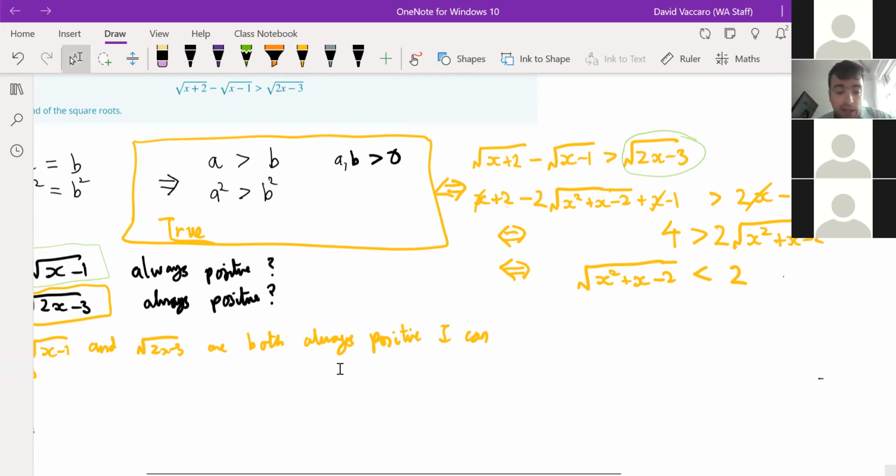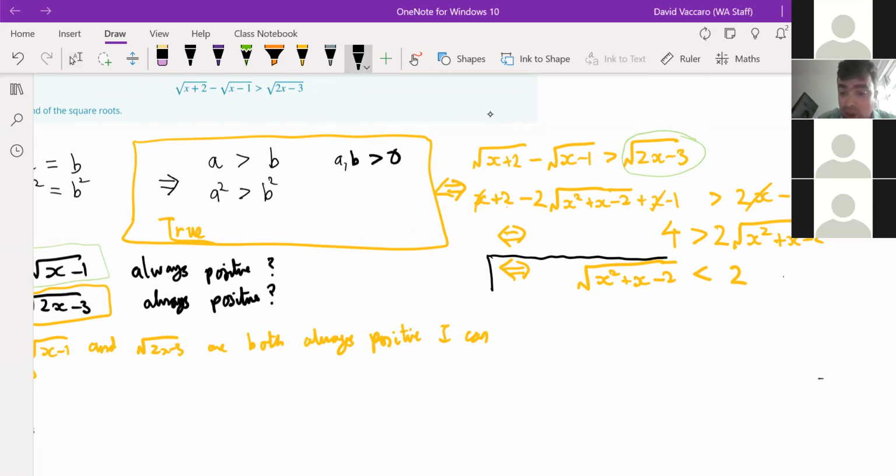Okay, any suggestions for how I can tackle what you would be inclined to do next? So suggestions in the chat, we've reduced the initial inequality to something which looks a little bit simpler.